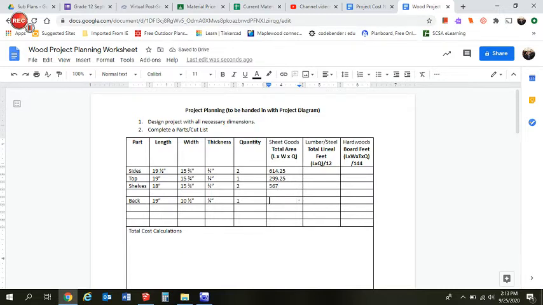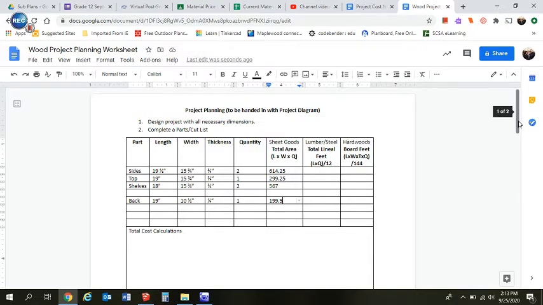Okay, the next part that we're going to do is our back, even though this is different material. So we're going to take 19 times 10.5 and equals 199.5. Okay, what does all this mean?